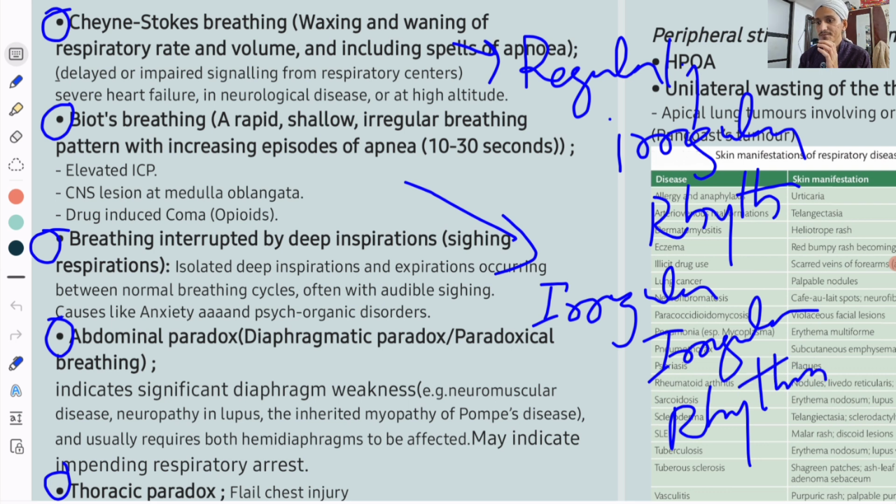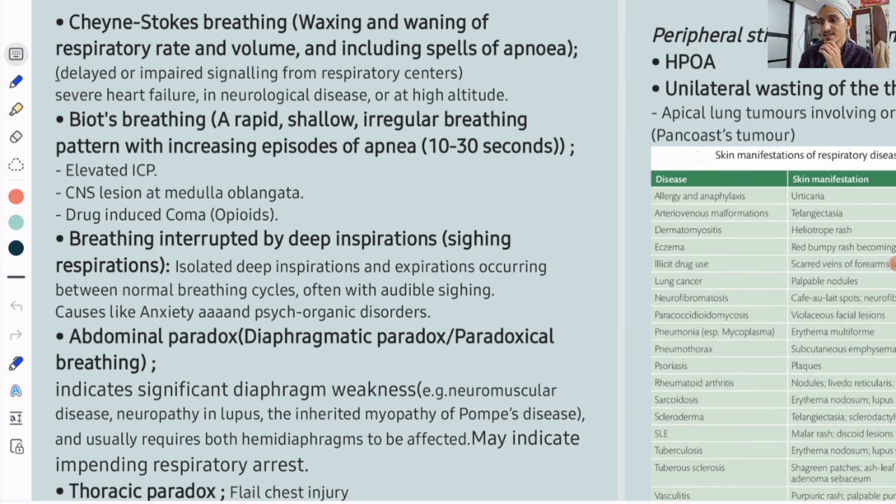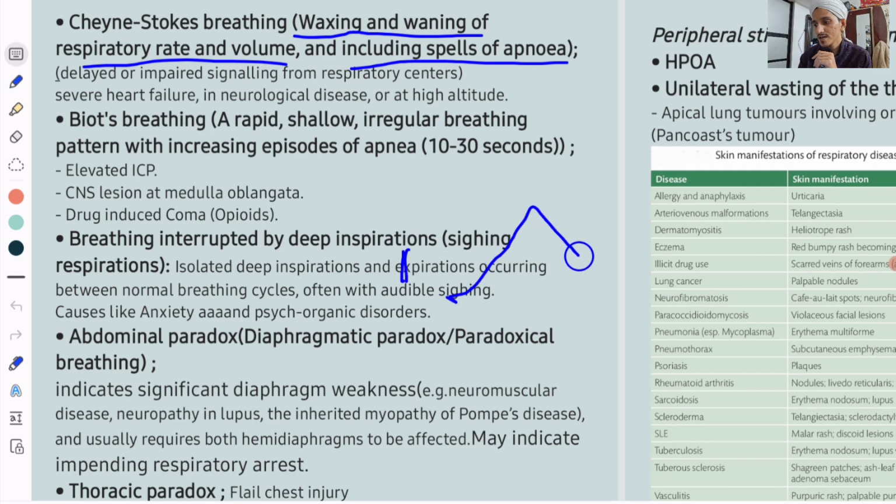Cheyne-Stokes breathing is waxing and waning of respiratory rate and volume, and includes spells of apnea. Respiration will be increasing, and then it will gradually fall, and then the patient will have a period of apnea. Again respiration will gradually increase in rate and volume, again it will fall, and again the patient will have a period of apnea.